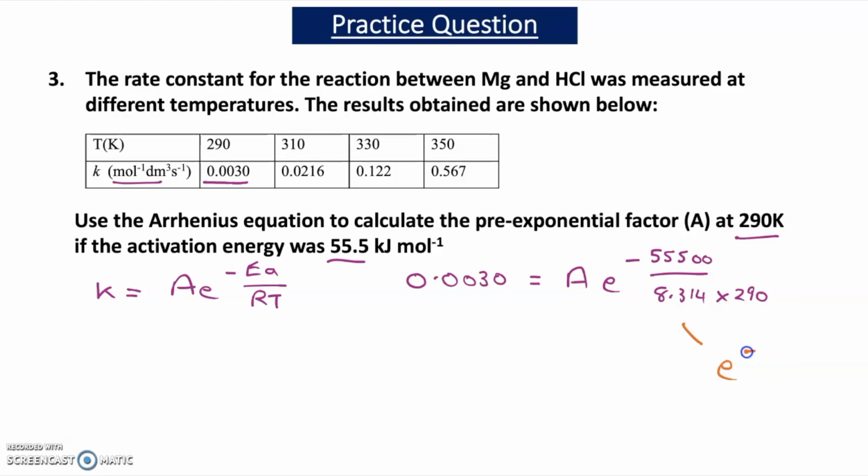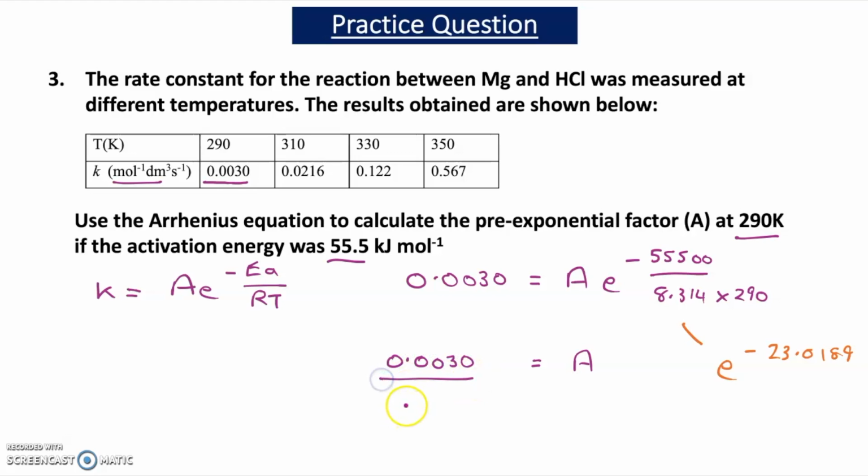And if we simplify this, we get a value for this as 23.0189. And therefore, it would be 0.0030 equal to A times e to the minus 23.0189.